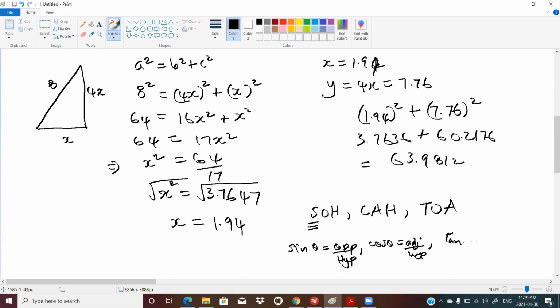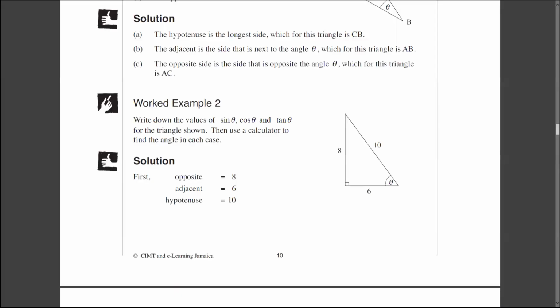And then the tangent, tan theta, is equal to the opposite side over the adjacent side. So that's something I can use to remember the trig ratios. I think they call these things mnemonics. That's an easy way to remember certain things.